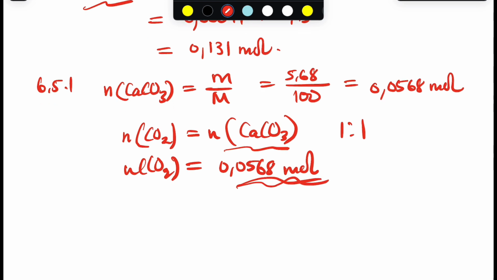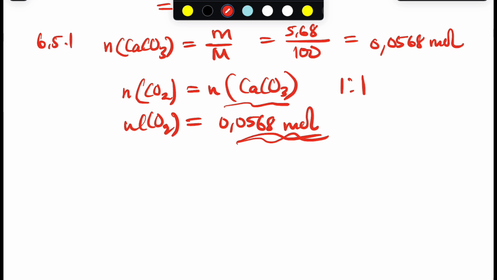But we have to change this from number of moles into mass. So we're going to say number of moles is equal to mass over molar mass, which is 0.0568 equal to mass of the carbon dioxide over the molar mass, which is 44.